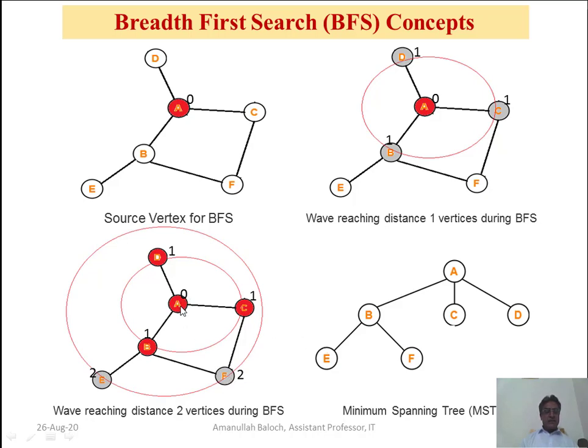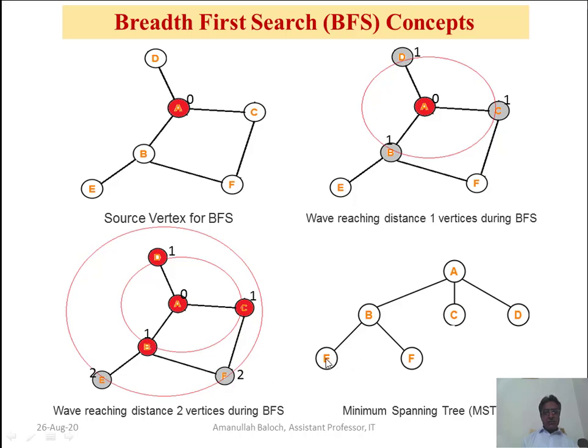We will make the tree. This is source. So all the nodes at first level are B, C, and D. These are at the first level and attached with the single edge, from B to E and B to F. When we come to this one, it goes from B to E at the second level, and then comes back and goes to F at the second level.